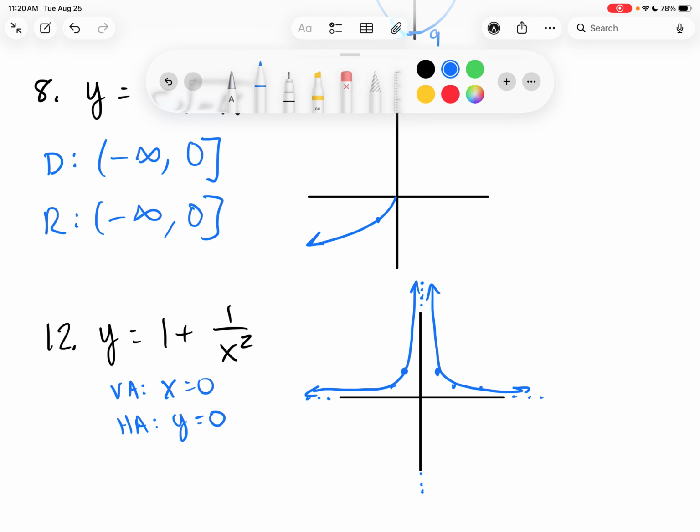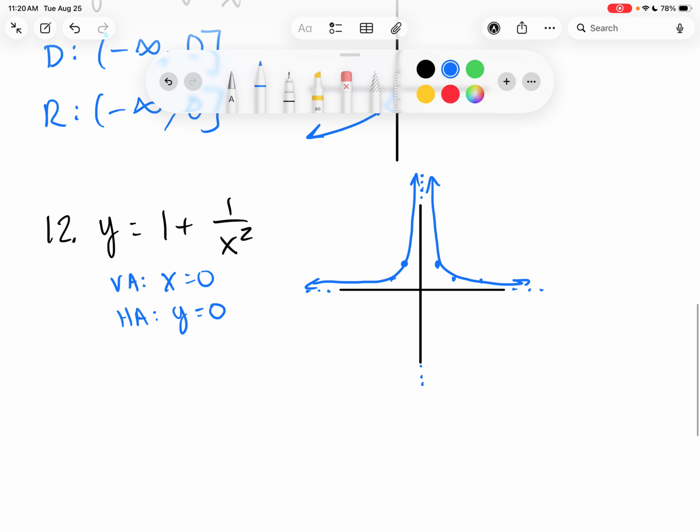So then the domain would be what? It doesn't touch the x-axis. Yeah, so it's basically all real numbers except for x equals 0, or we could say -∞ to 0, not including, because of that asymptote, union 0 to infinity.